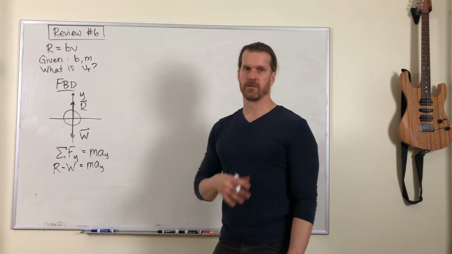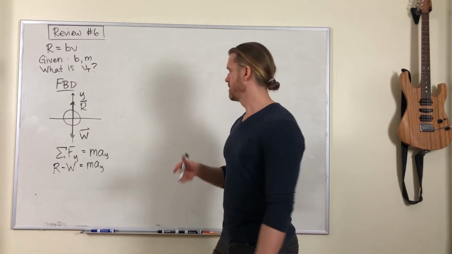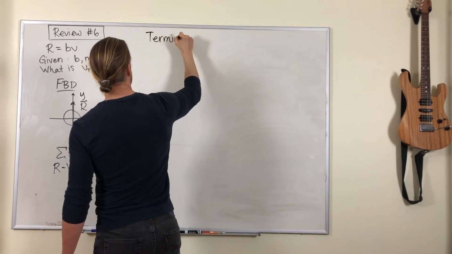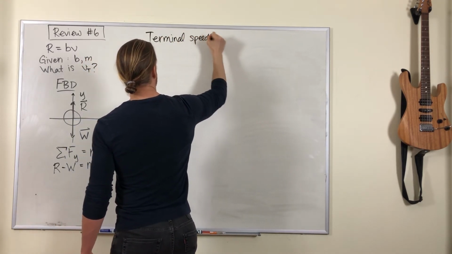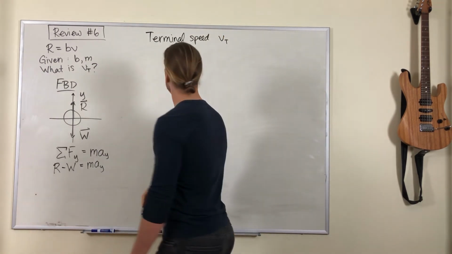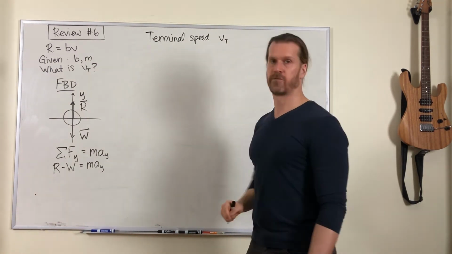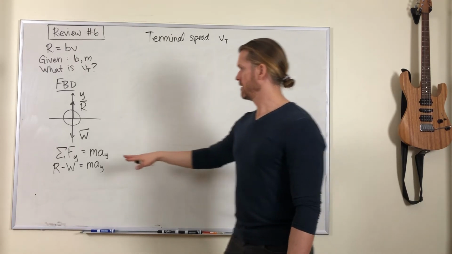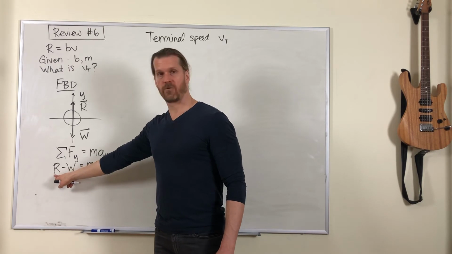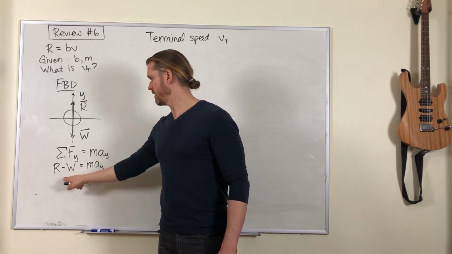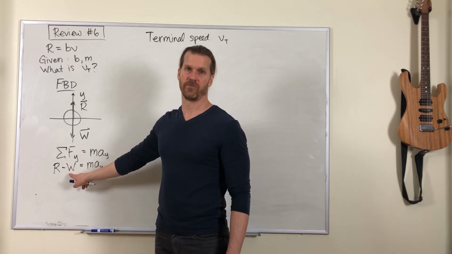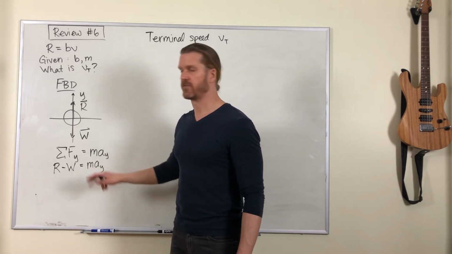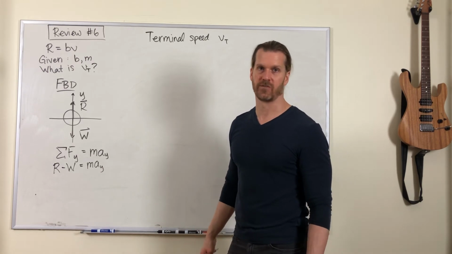And now here's the key thing. Terminal speed, VT for terminal, occurs when the air resistance force has the same magnitude as the gravity force, which means that the acceleration is 0.